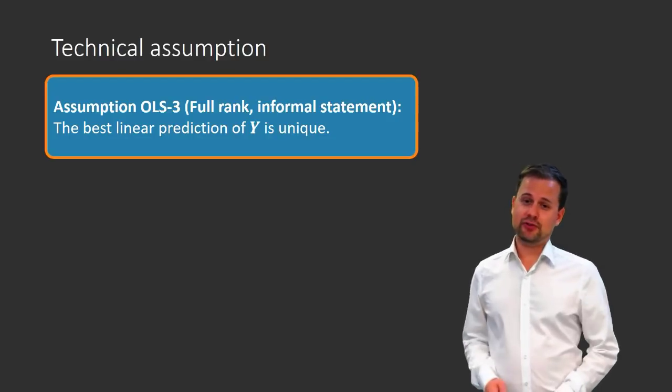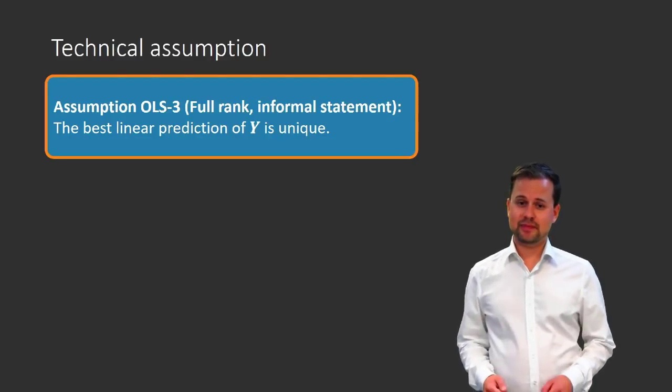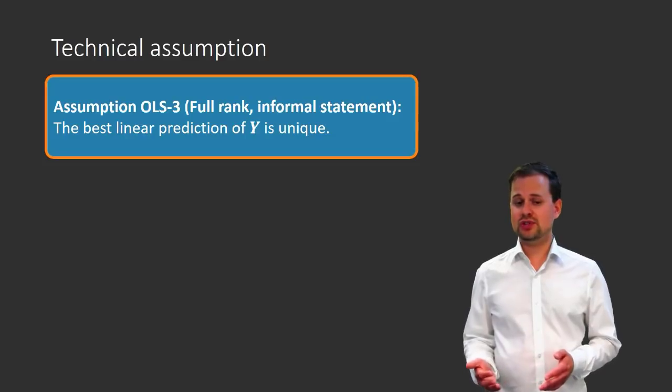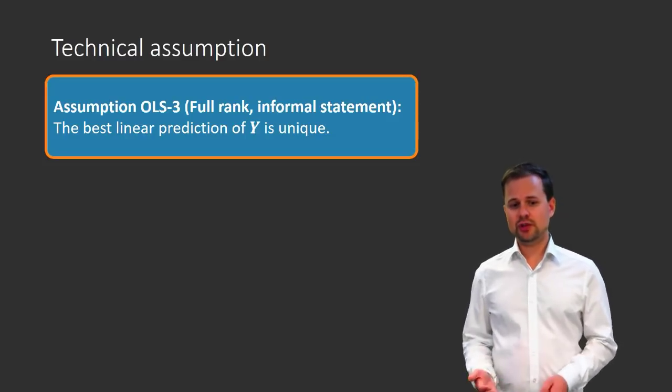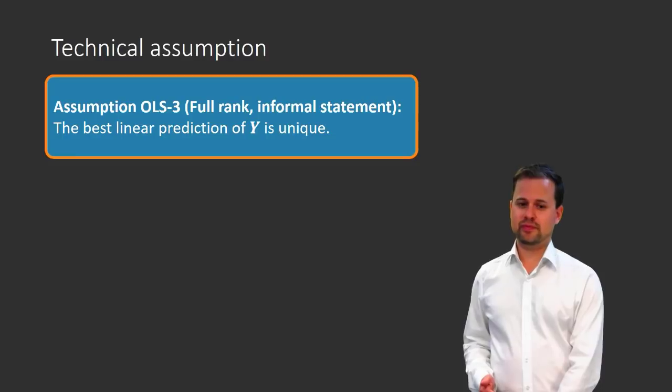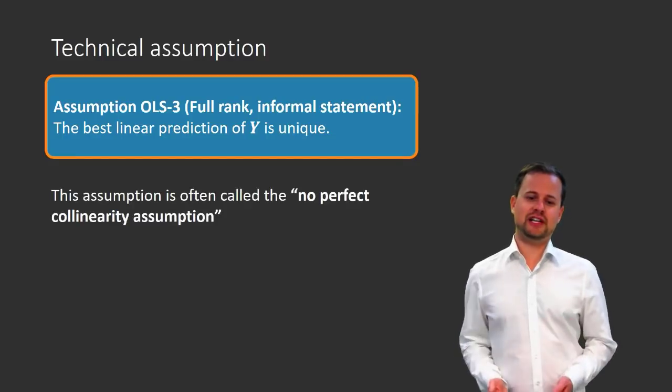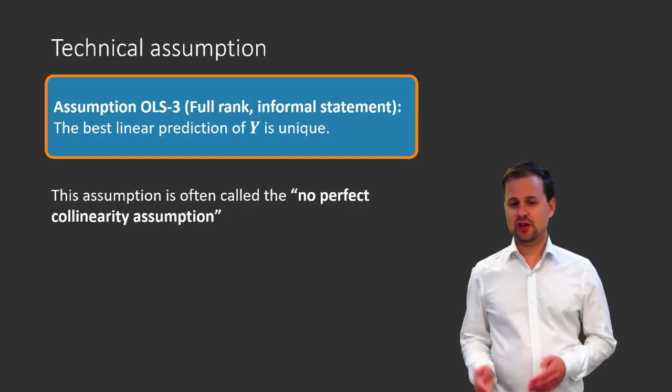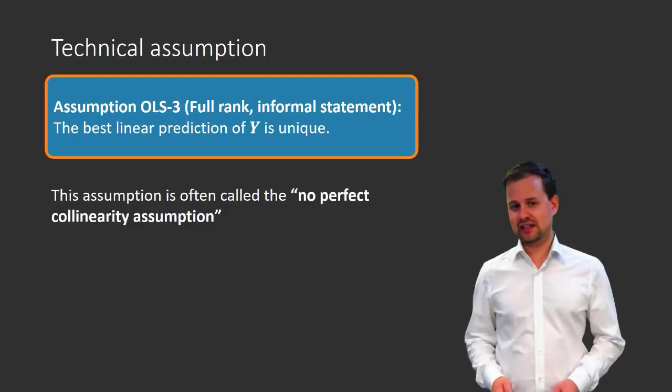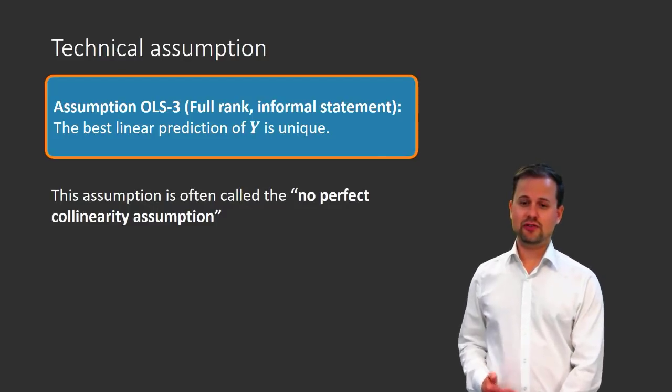I like the term full rank assumption. Other econometricians use other terms, so often you will find this assumption under the name of the no perfect collinearity assumption. If you read that in a textbook, it means exactly the same thing as our full rank assumption.